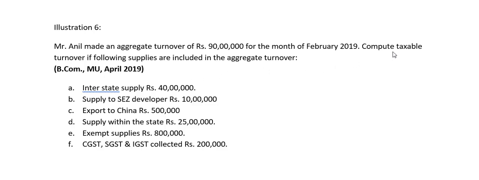But while computing taxable turnover, the first and foremost criterion you have to look at is whether this supply attracts tax or not. Very simple. If the supply attracts tax, you have to take that. If the supply does not attract tax, you have to ignore that particular data.